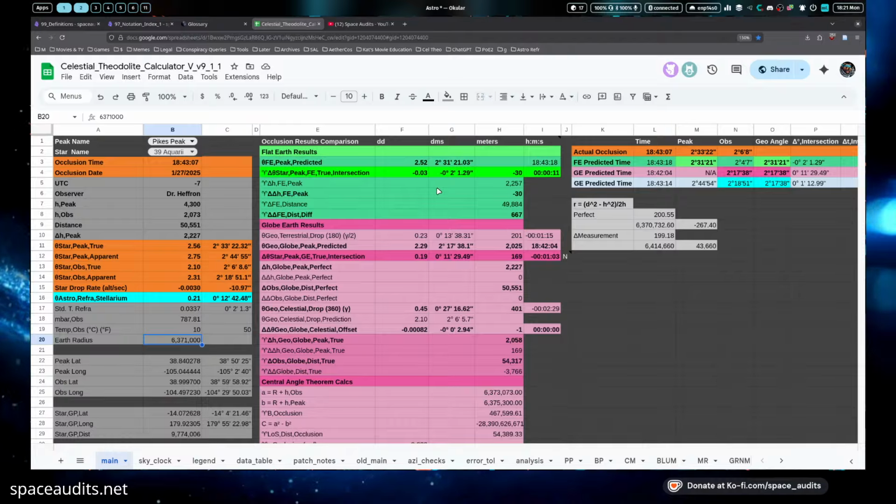Now, from this, we have an occlusion that occurs. And from that occlusion, we hop into Stellarium and reference where the true position of the star was with respect to the peak. Why do we do that?